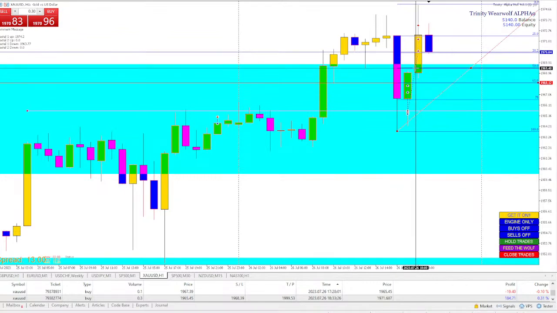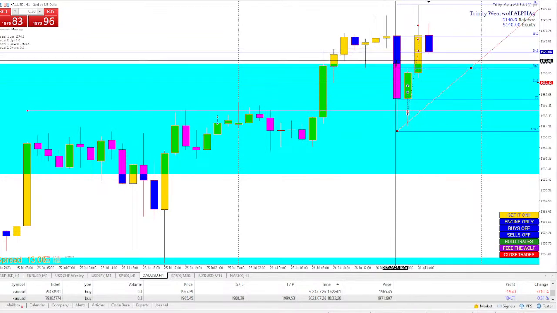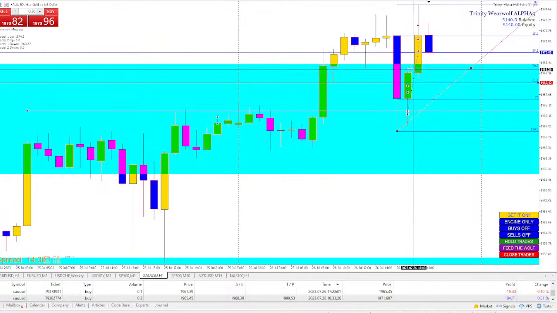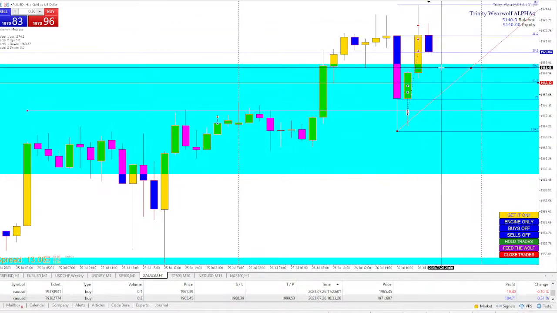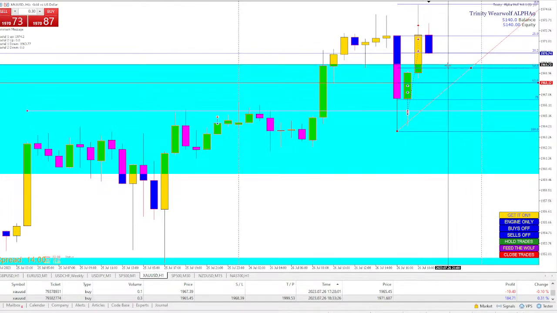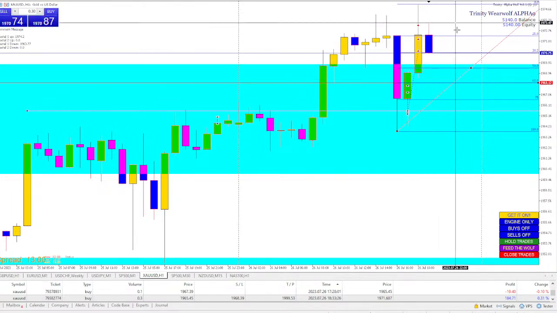We want to see it come back inside that fair value gap on the hourly, and also the top of the daily fair value gap, which would be the continuation back to rebalance this price range. And then we want to see probably tomorrow, because on Thursday you usually get a reversal, something break out from here.